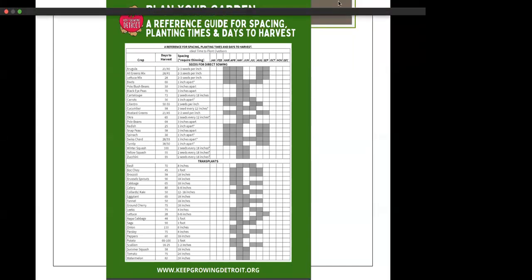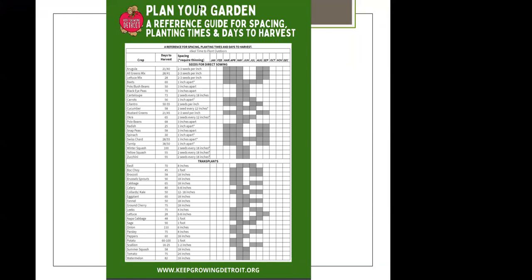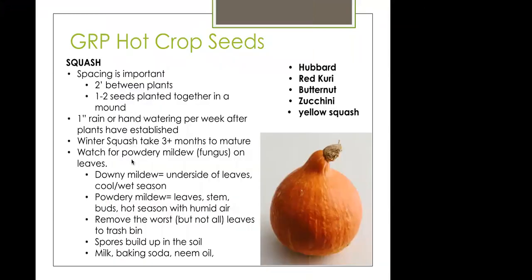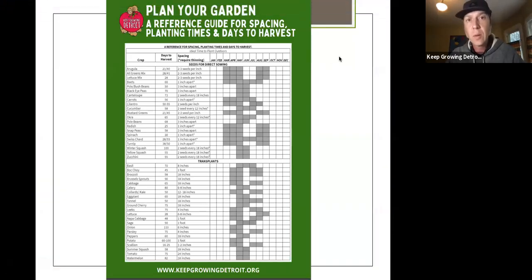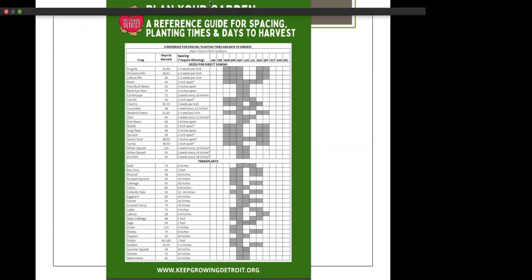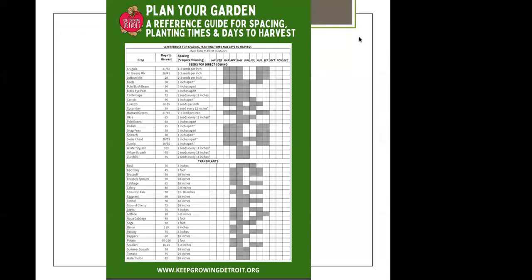And let's just take one for example to work through it. Just to help you all understand this sheet, let's look at our whole beans and our bush beans. Those crops are very similar. When you plant them, you can expect to have a harvest somewhere around 50 days.